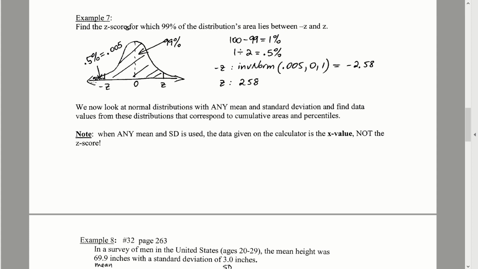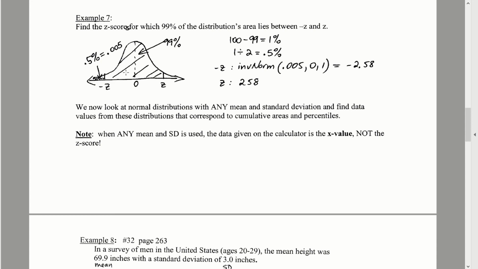Well, one thing that we do know is that the total area under the curve, all of it would be equal to 1. And if I took 1 and subtracted the middle area, then what would be left would be the area not just in one, but actually in both of the two tails. So if I do 1 minus the middle, that'd be 0.01 or 1%, then I have the amount in the two tails.